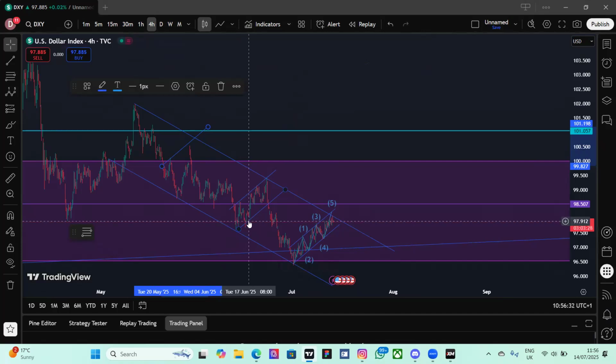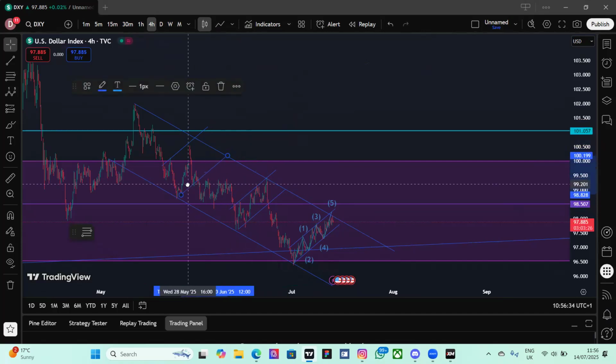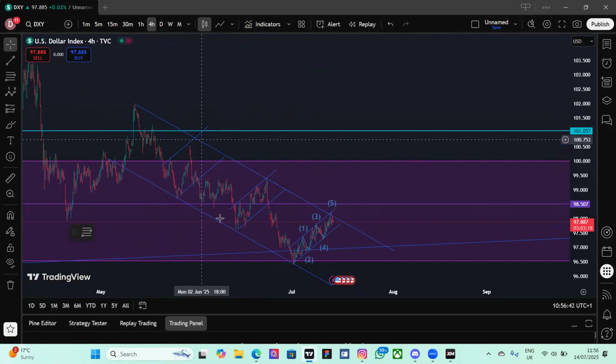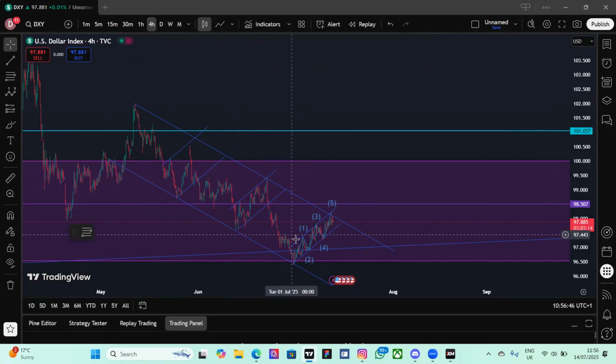You are able to see all these areas where there's been a pullback and then a push to the downside, and a pullback and push to the downside.